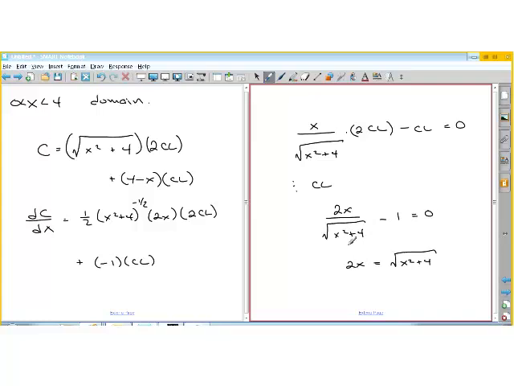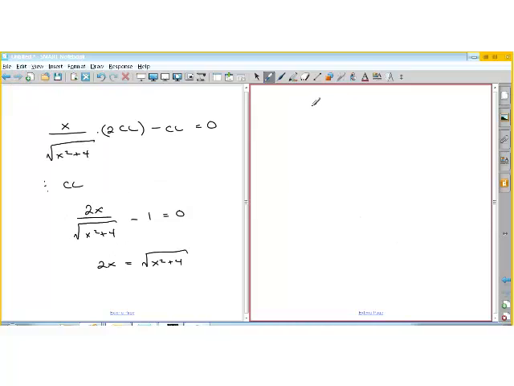And then you kind of multiply everything by this, and you get that expression. Okay, now we can square both sides. So we get 4x squared is equal to x squared plus 4. Subtract x squared from both sides. I'll actually solve for x squared, 4/3. Take the square root. You get x is equal to plus or minus the square root of 4/3.